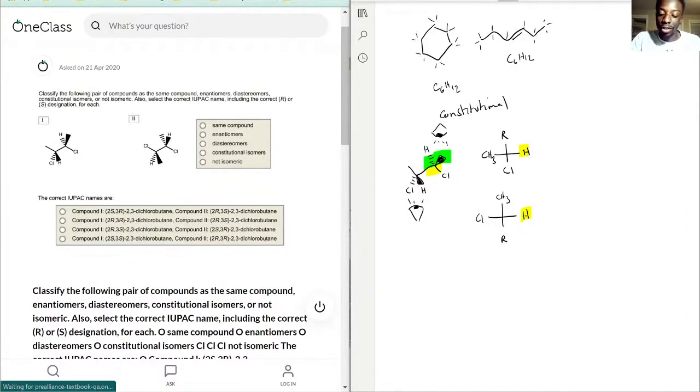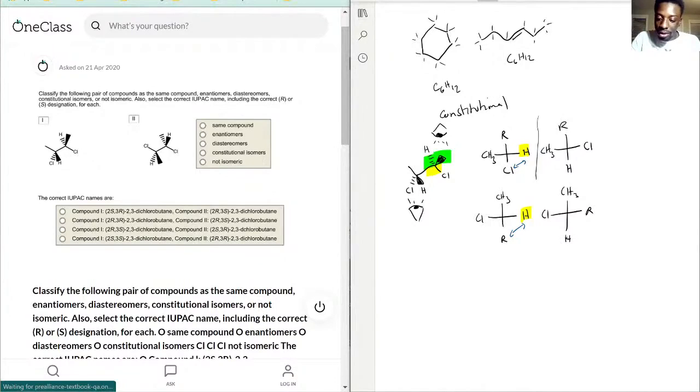I'm going to flip the hydrogen with the chlorine in this case, and the hydrogen with the R in that case. So I get H is now here, chlorine is here, R, CH3, and here I get Cl, R, H, CH3.